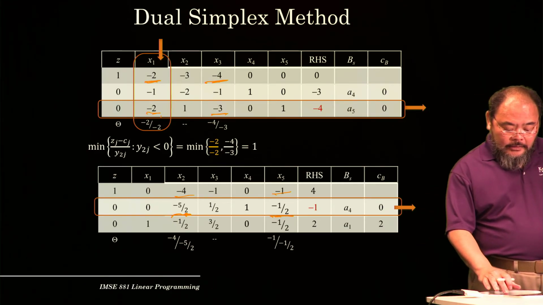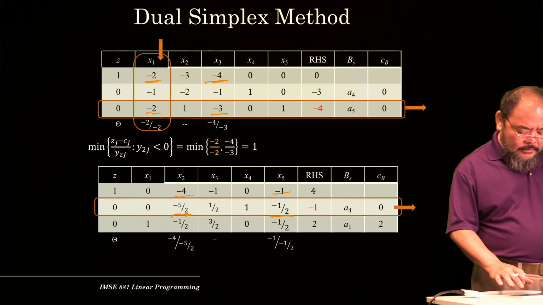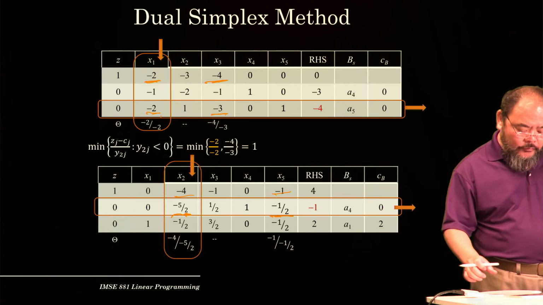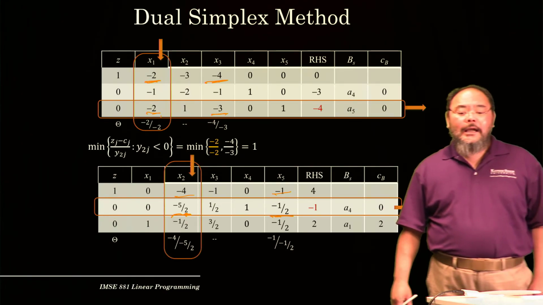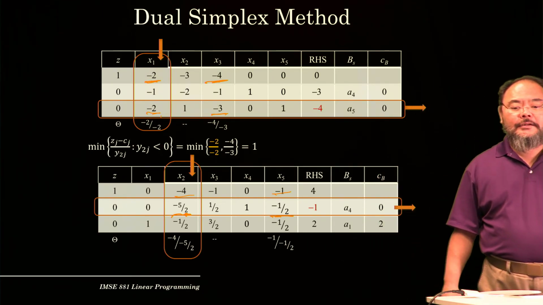My minimum will be x2. Therefore, x2 is entering the basis, x4 is leaving the basis.